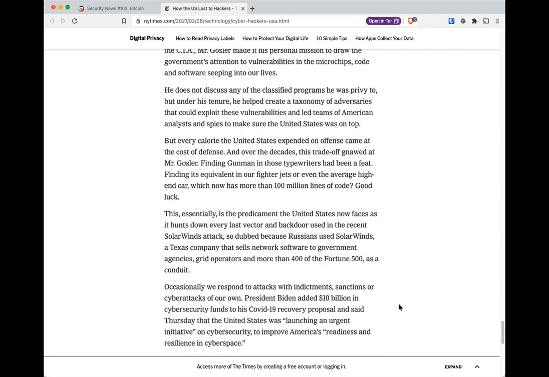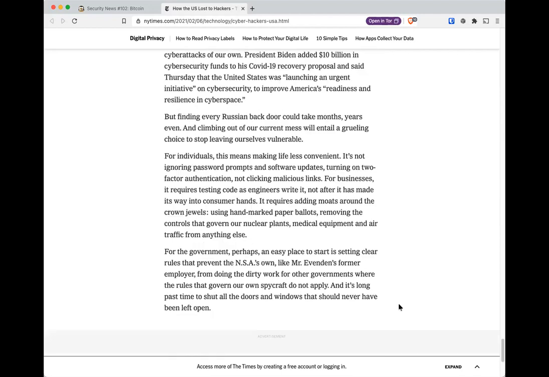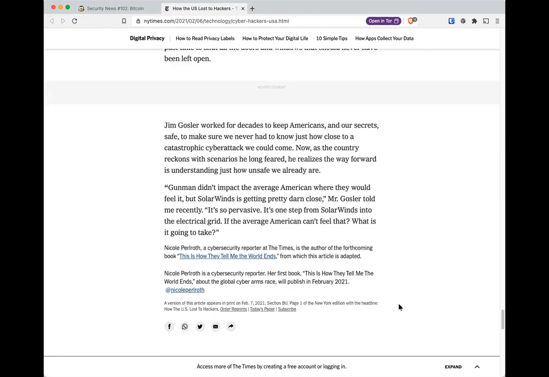But of course, this is cyberspace, not real space, and the rules are slightly different. And so now we're in this space where our own hubris has gotten us into a pickle. We thought that we were too big to be attacked, and that we were smarter and better than everyone else, and that turns out not to be the case. And now we're in a big hole, and we have no idea how to get out of it.